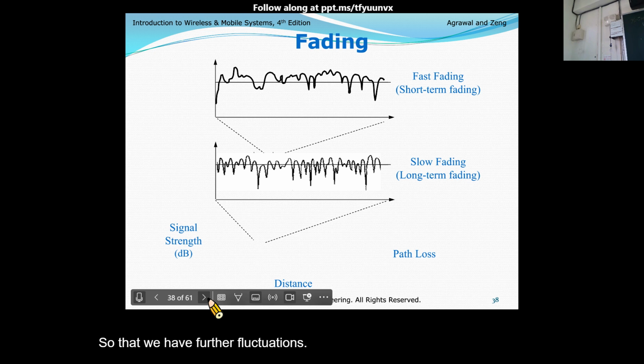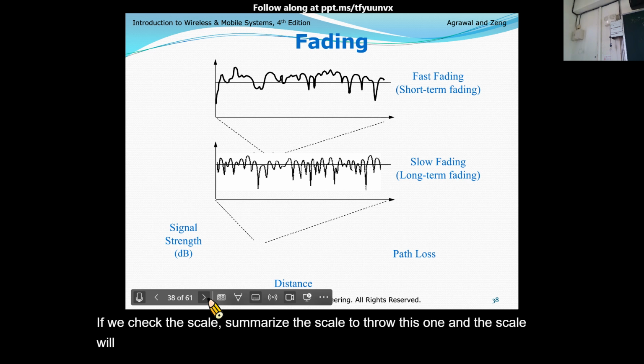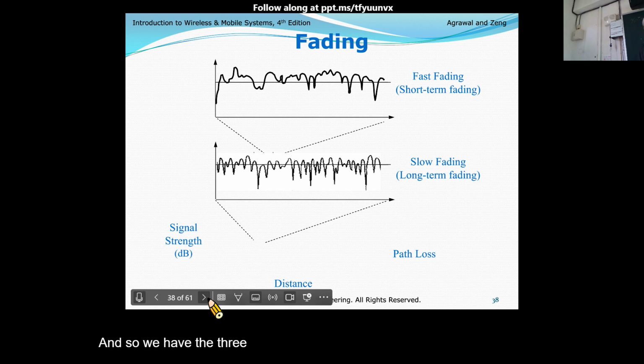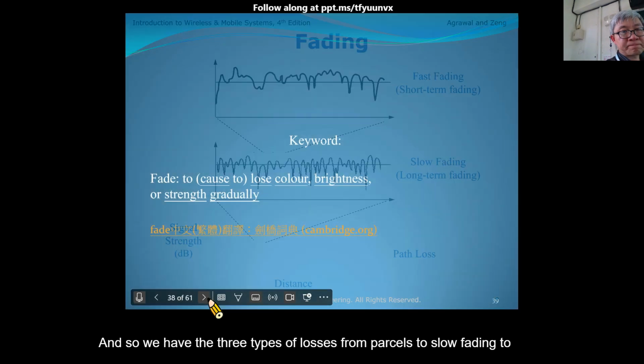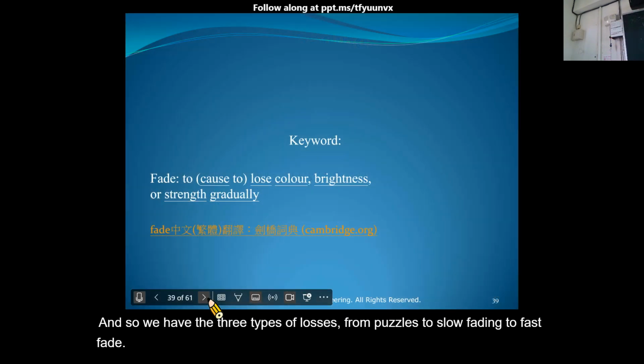Of course, right now we have the way of changes, so we can see all the parts of the changes. If we check the scale, the smallest one, a scale a bit larger, and a scale that is really large. And so we have the 3 types of losses, from path loss to slow fading to fast fading. Well, fade, what does it mean here?